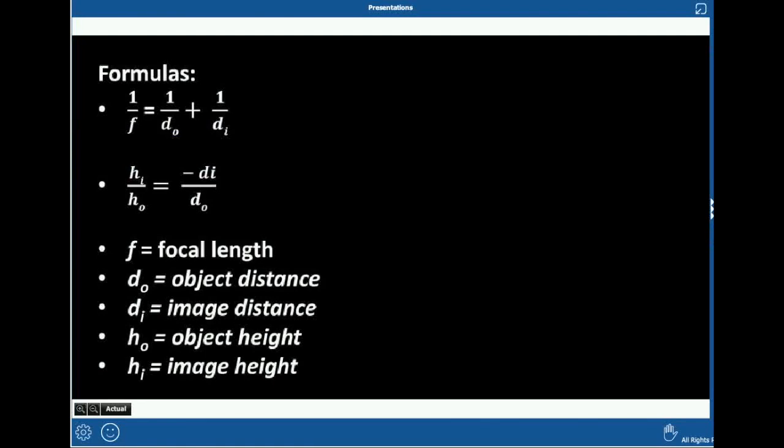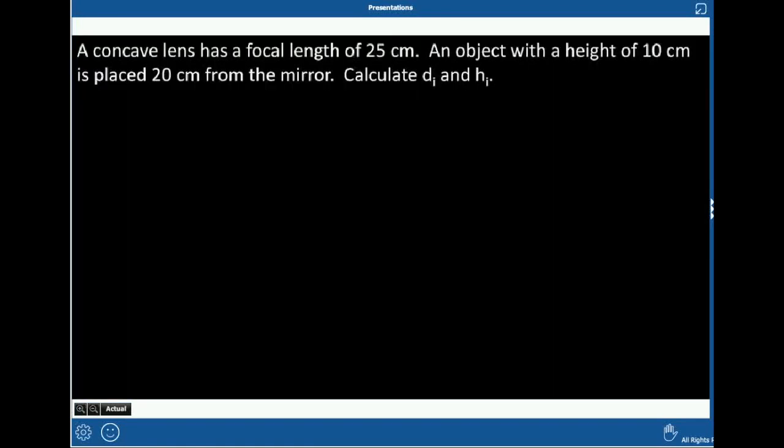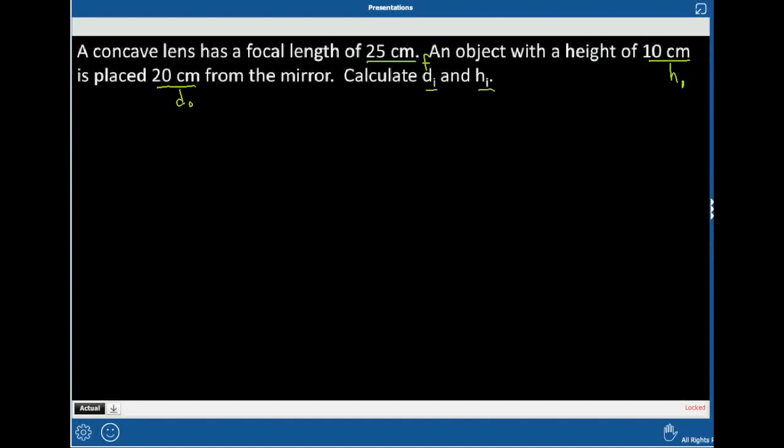And then we're still going to use these same formulas, except it'll just matter what we do with our signs. Okay, so let's get started. A concave lens has a focal length of 25 centimeters, an object height of 10, and we're putting it 20 centimeters from the lens. And we want our DI and our HI.